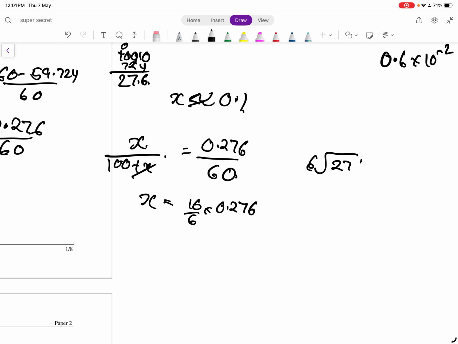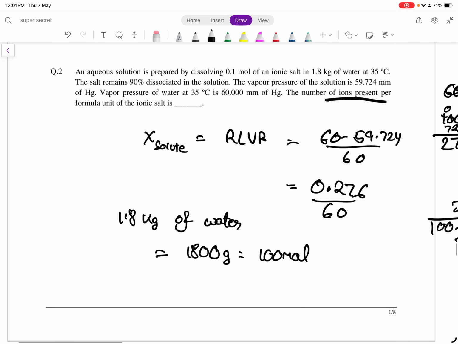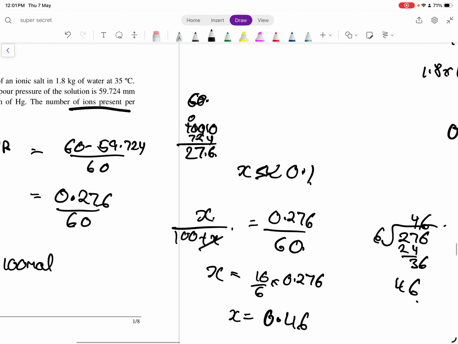6 7s are 42, 6 4s are 24, 36. So x is actually equal to 0.46, right? And so 0.1 moles, 90% dissociation gives 0.46 moles.